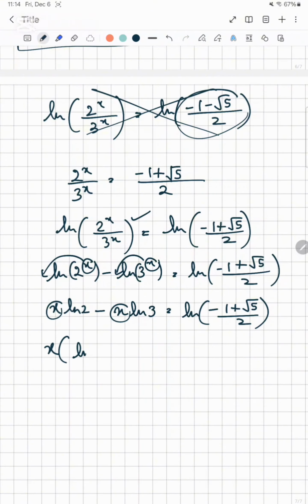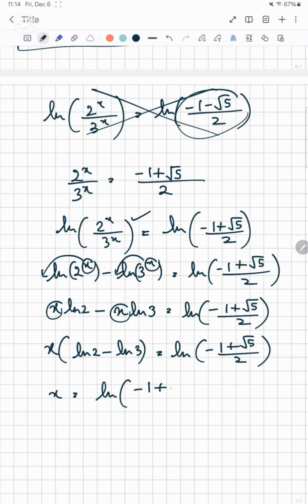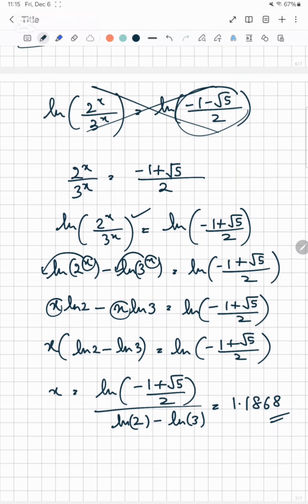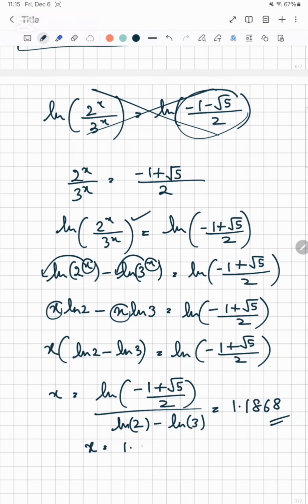So x into ln 2 minus ln 3 equals ln of minus 1 plus root 5 over 2. This gives you x equals ln of minus 1 plus root 5 over 2, over ln 2 minus ln 3. You have to use your calculator for this one, and that gives you 1.1868. So this is your answer, and you can write it as 1.19 to 3 significant figures.